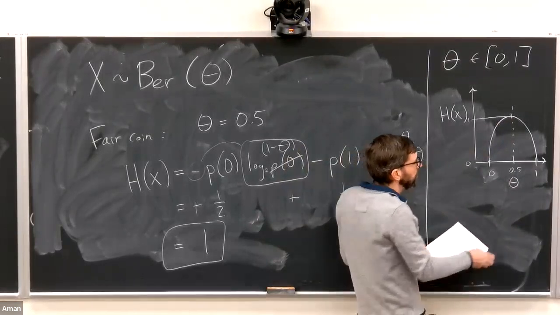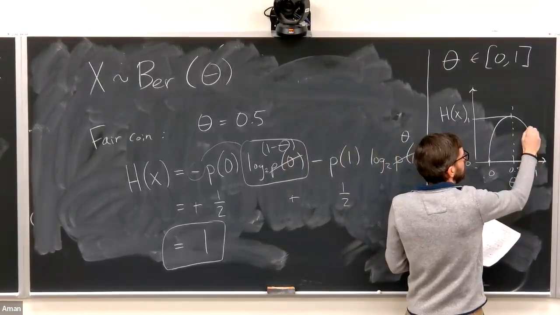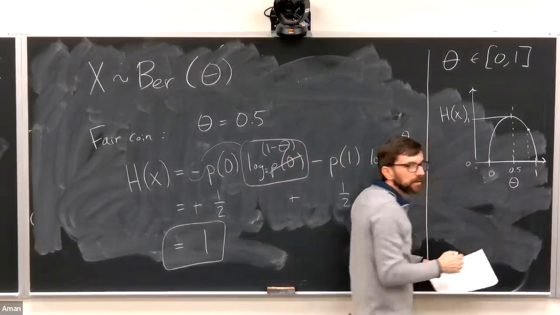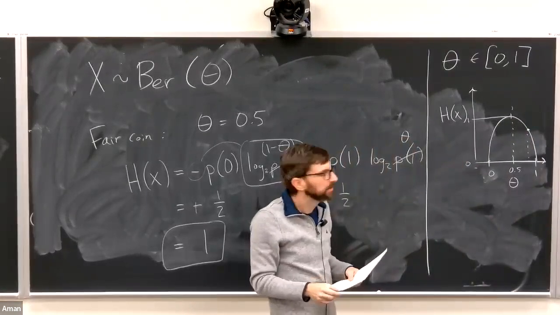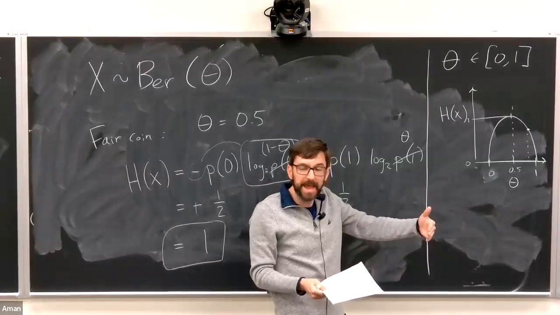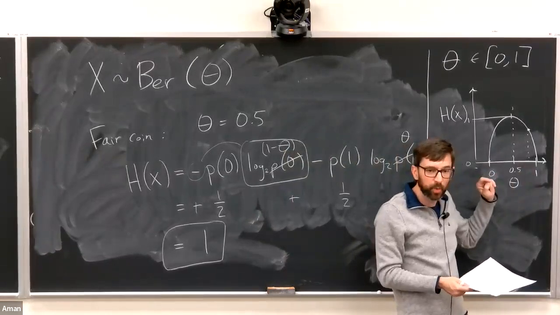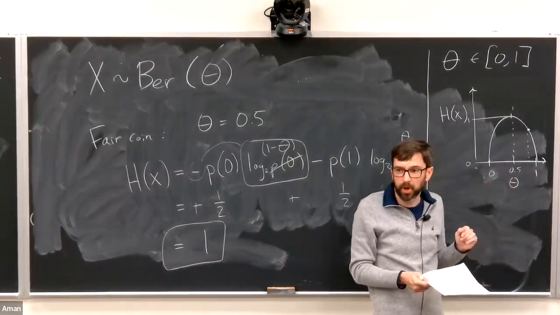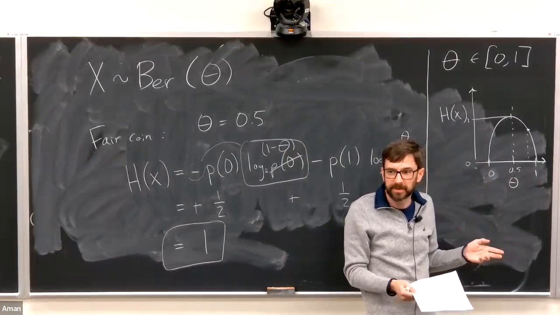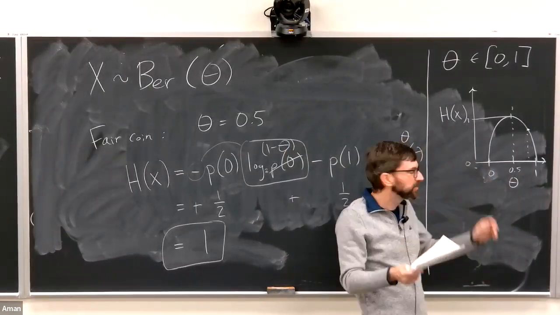If you have a coin that shades to 1, let's say it's like 0.75, then you're going to get something with less entropy. Another way of thinking of that is how predictable is the outcome. If I have something that I know has a 75% chance of a 1, I should always just predict 1, and I'm going to do better than if I try to guess 0 or 1 by some magical method.